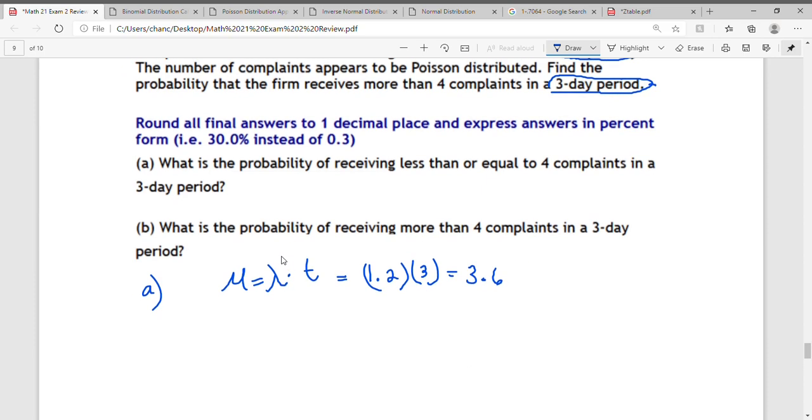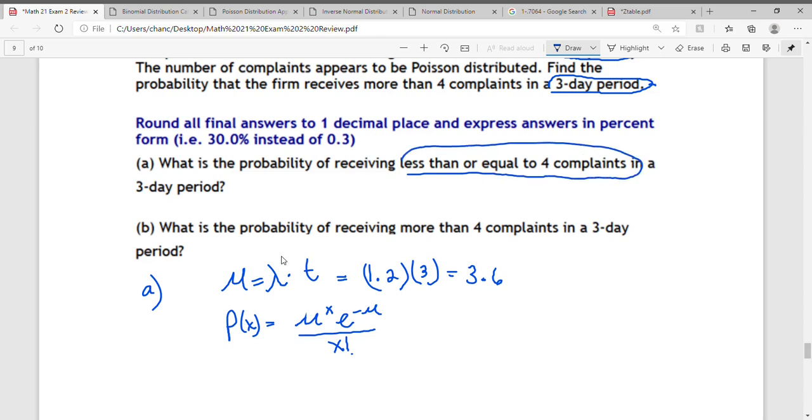Now the formula for the Poisson distribution is P of x equals mu to the x e to the negative mu divided by x factorial. In part A, we want to find the probability of receiving less than or equal to 4 complaints.